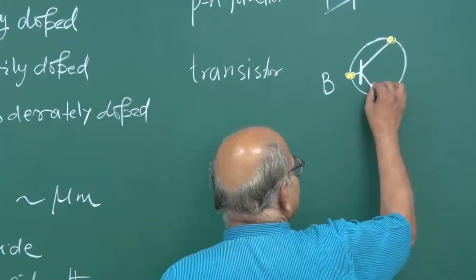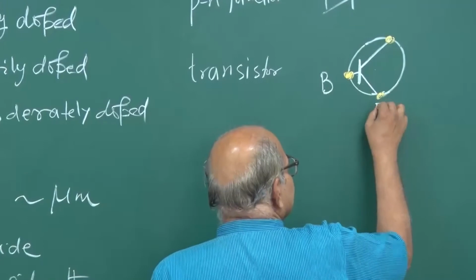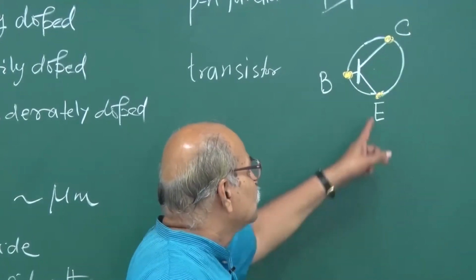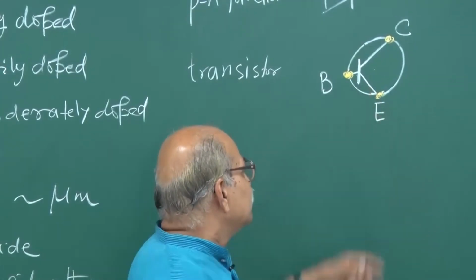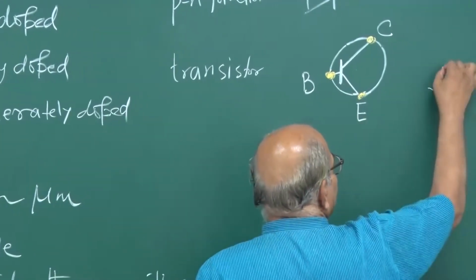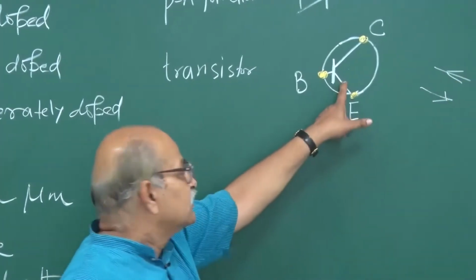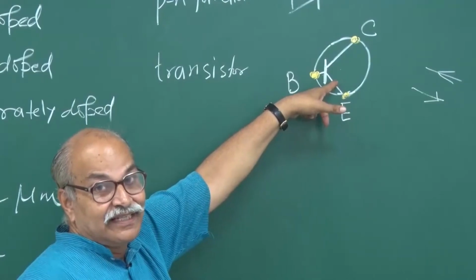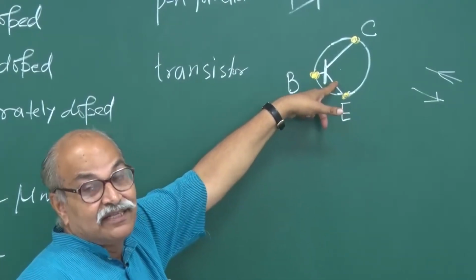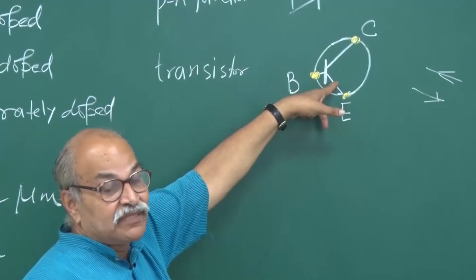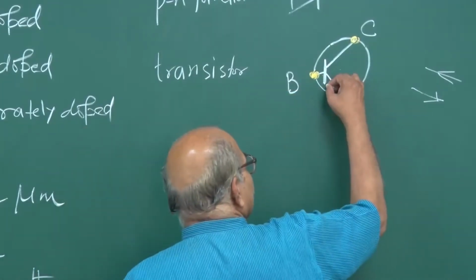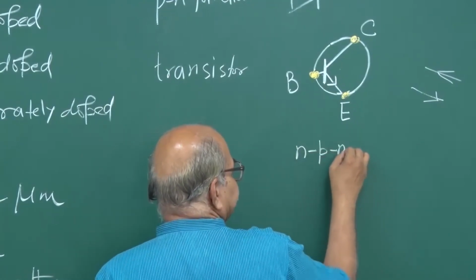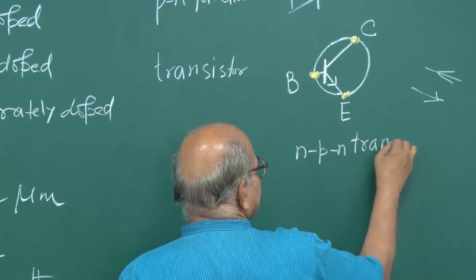If I put the arrow here, this is the emitter and the other is the collector. Arrows can be put in two ways, and that decides whether it is the symbol for an NPN transistor or a PNP transistor. If I put the arrow like this, this is the symbol for an NPN transistor.